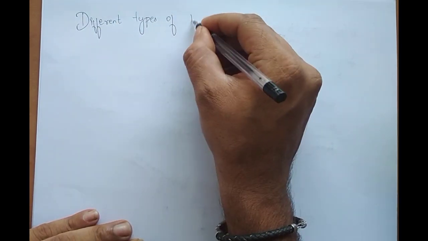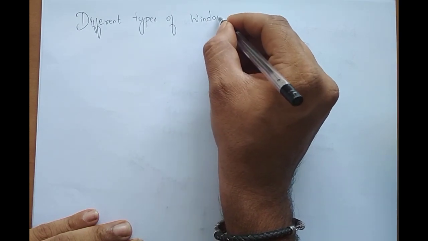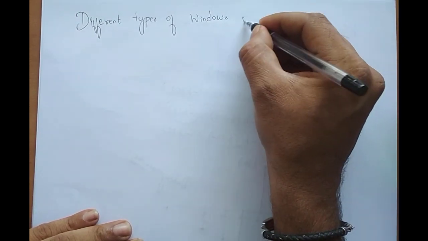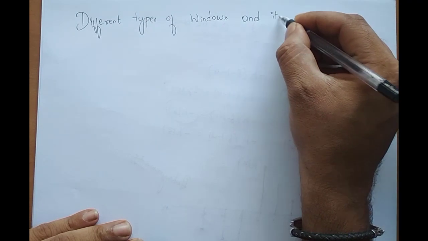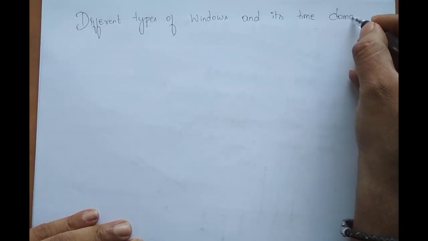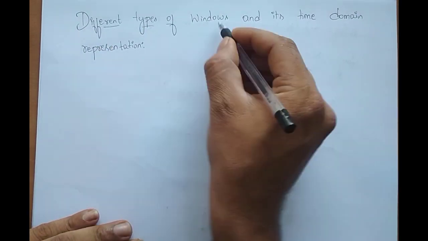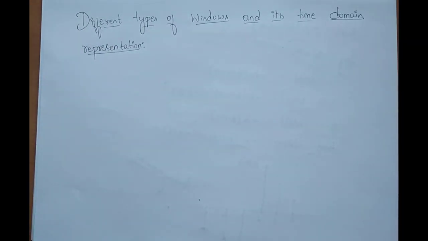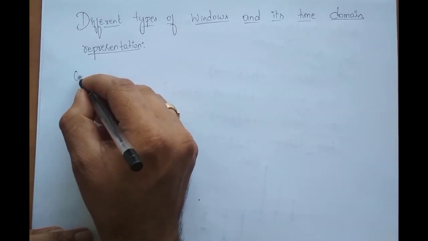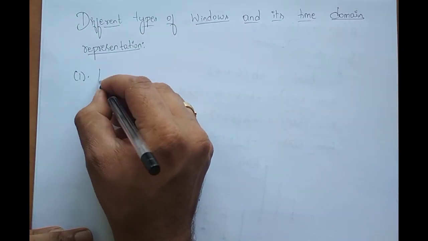Types of windows and their time domain representation. Now the first type is called the rectangular window.